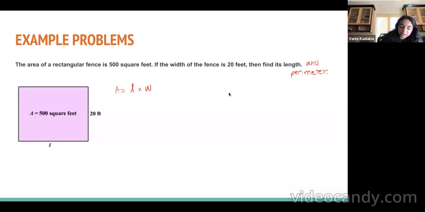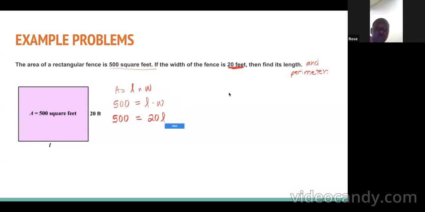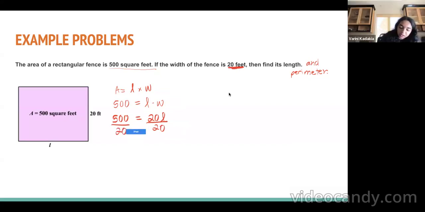And we're given here that the area of the rectangular fence is 500. So we're going to do 500 equals length times width. We're given the width of the fence, it's 20. So it will look like 500 equals 20L. We divide by 20 and we should get length equals 25.